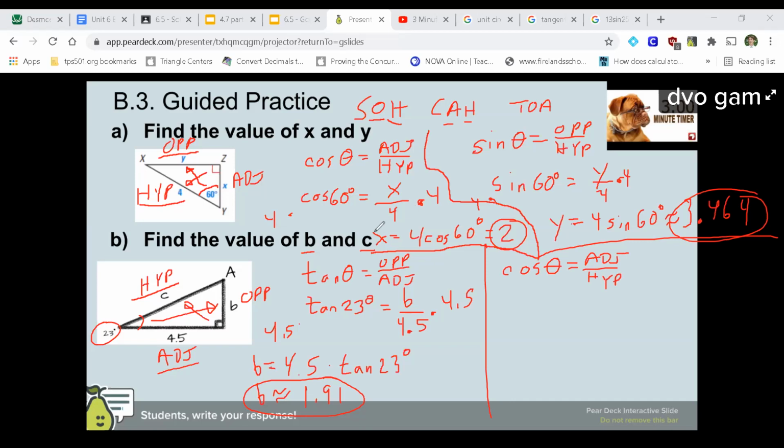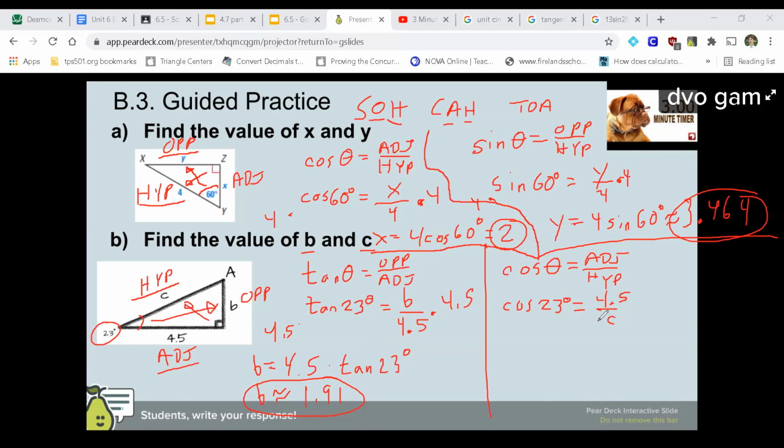Plug in our values, we get the cosine of 23 degrees is 4.5 over C. So now this problem is different than the other five we've done. The value we're trying to find isn't in the numerator, it's in the denominator.